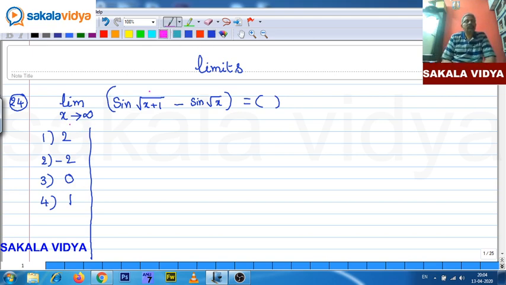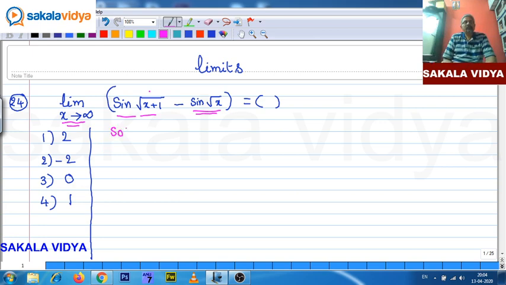Limit x tends to infinity, sin of root of x plus 1 minus sin of root x. This can be done by the sin C minus sin D formula.